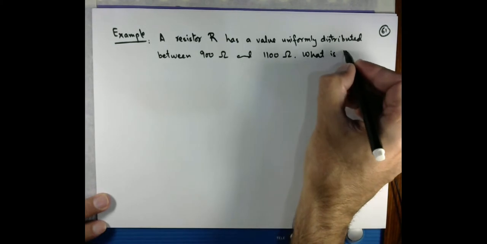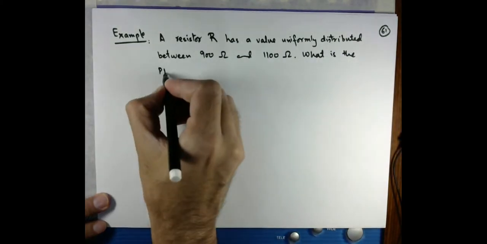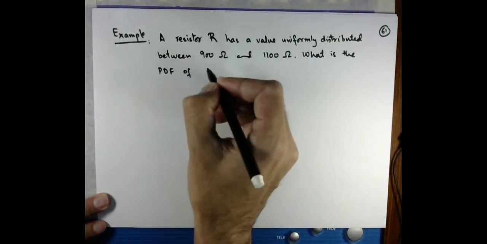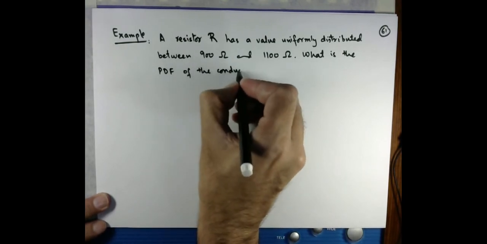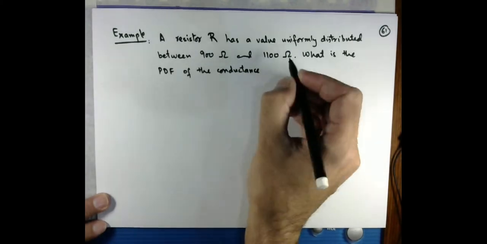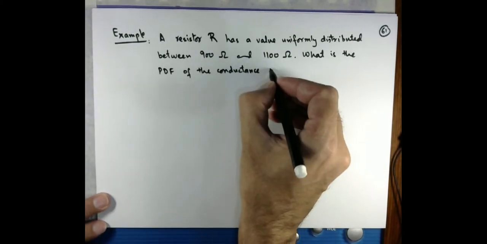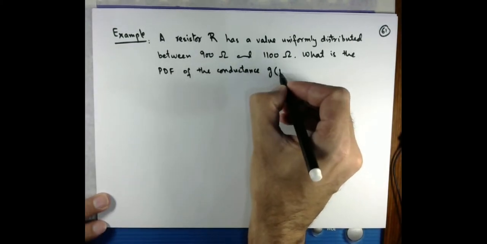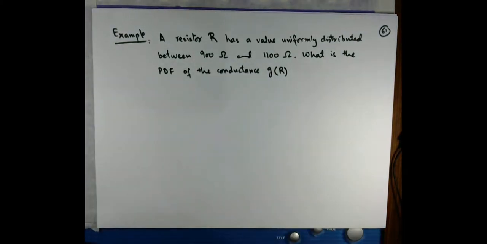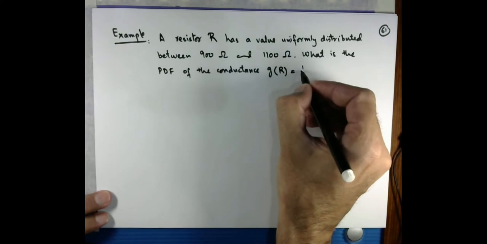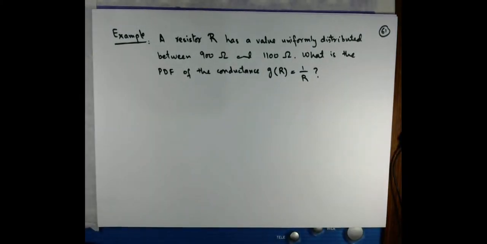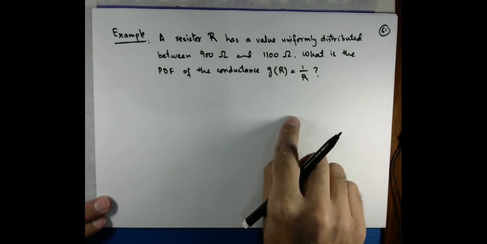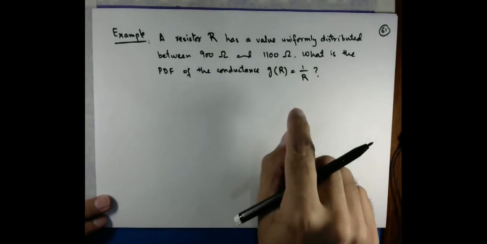What is the PDF of the conductance? Conductance is obtained by applying some functional form on the resistance, and you know this functional form is simply 1 over R. So we need to find the PDF of the derived random variable 1 over R.